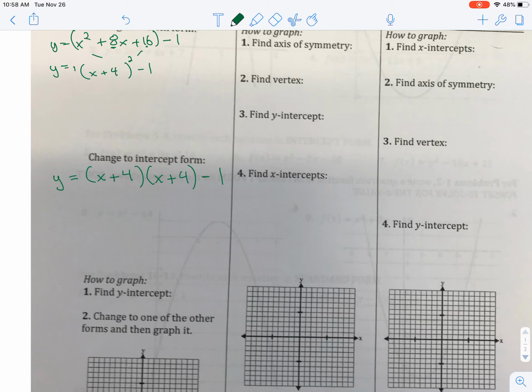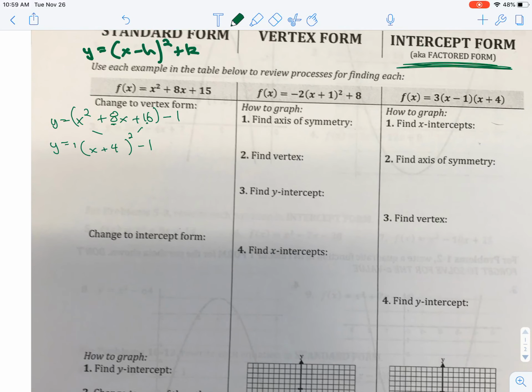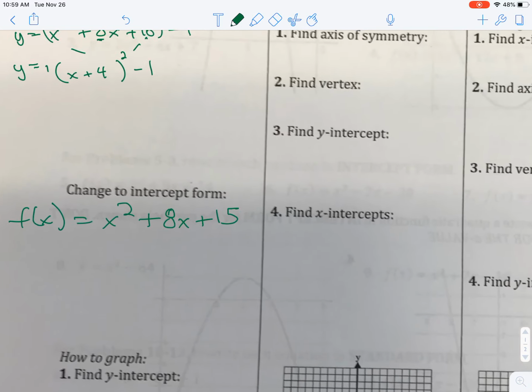So if I FOIL that, or wait, actually, to have this in intercept form, let's not do it that way. Actually, back up. Let's do it from the original problem. So let's do this into factored form from here, okay? And you're going to see something similar.